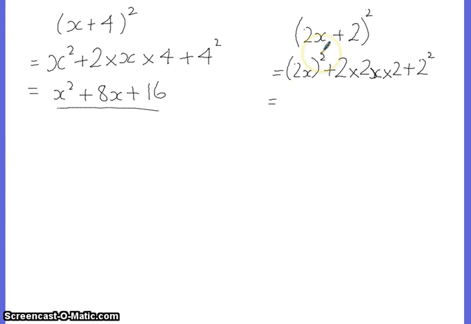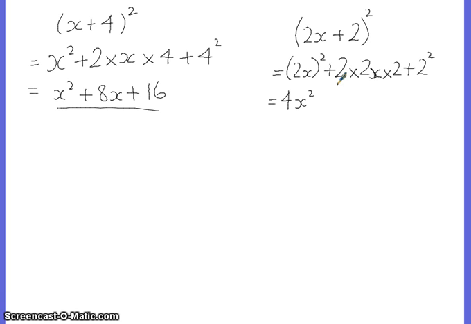What would 2x all squared be, Toby? 4x squared. I'm squaring the 2 is 4, and I'm squaring the x, or the unknown, so that comes out to be 4x squared. Okay? What do I do in here, Shayla? What shall I do with these? 2 times 2x.